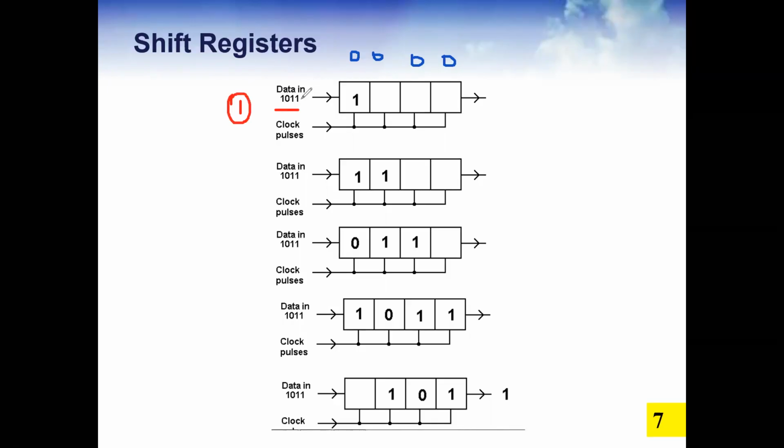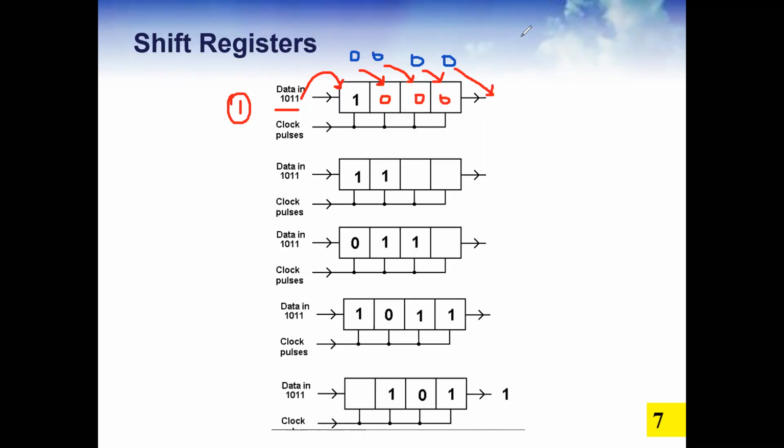As I give the clock, this bit will enter here, and this 0 which was here will move to here. This 0 will move to here, and this 0 will move to here because it's a shift register. This 0 will go out. Getting the point? It is going to be 0, 0, 0, girls.